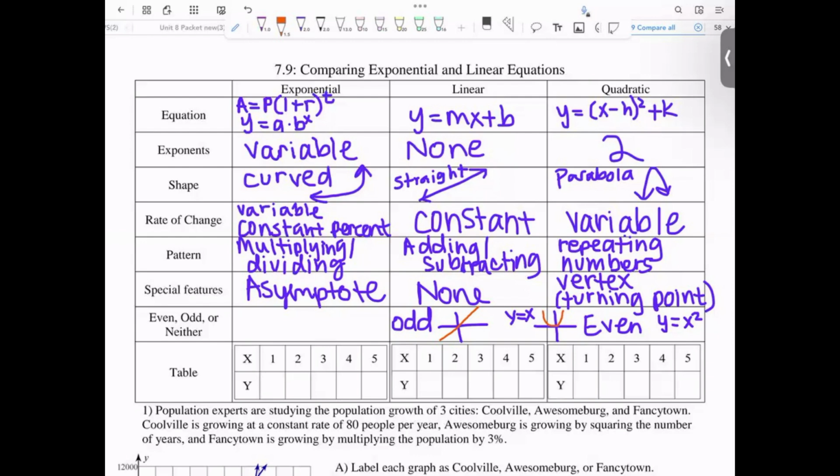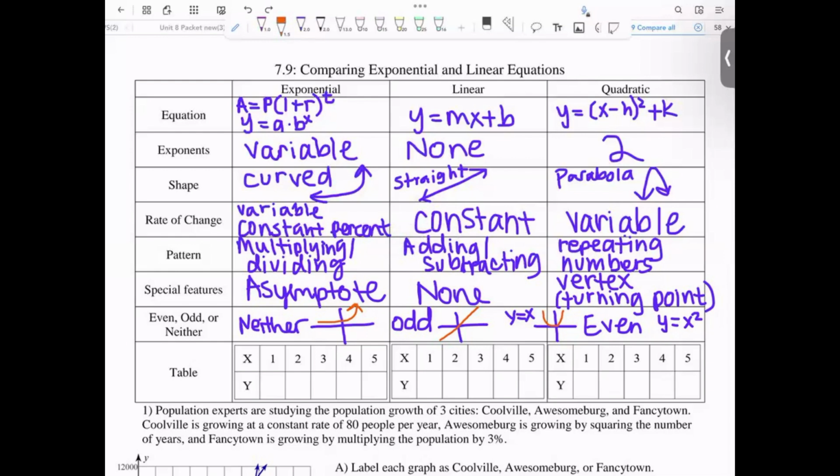And exponential will always be neither. Because with exponential, no matter where it is, we won't be able to flip it across the y-axis because one side will have an asymptote and one side will have a curve. They're never going to match up. And we also can't turn it upside down and match it on top of itself.